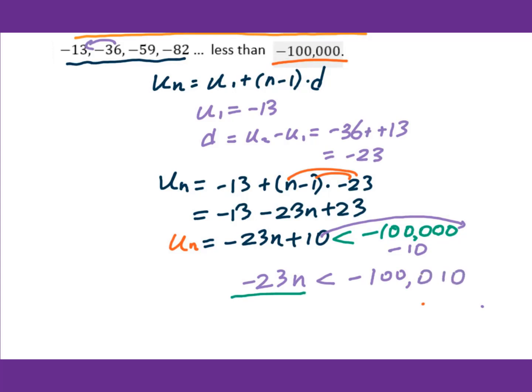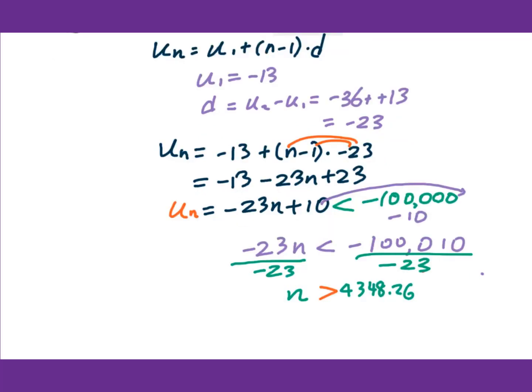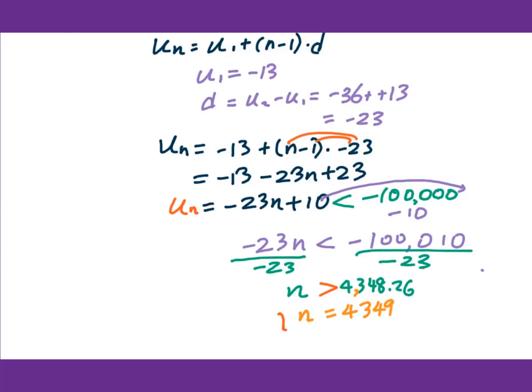Then you divide by negative 23 on both sides. According to mommy, daddy, nanny, you need to switch the symbol, n greater than. We put it into the calculator, we got 4,348.26, which means n equals 4,349. This will be the solution to this problem.